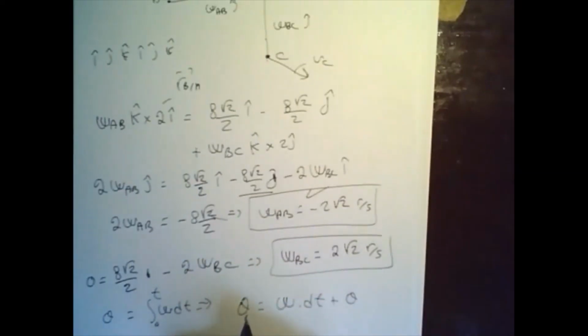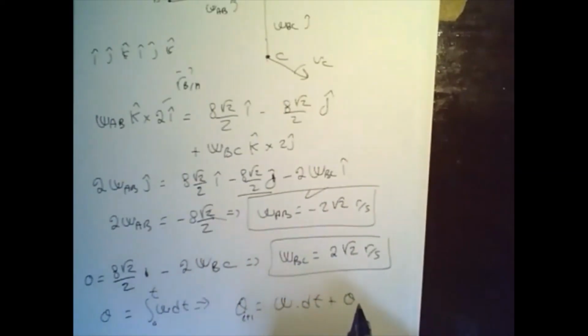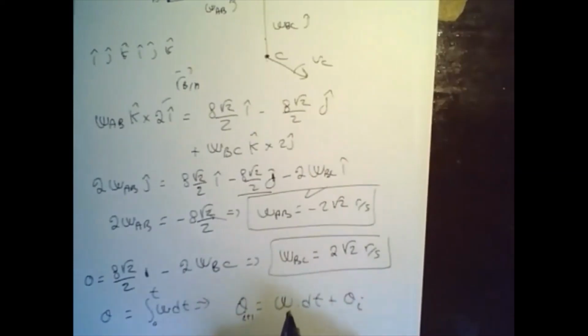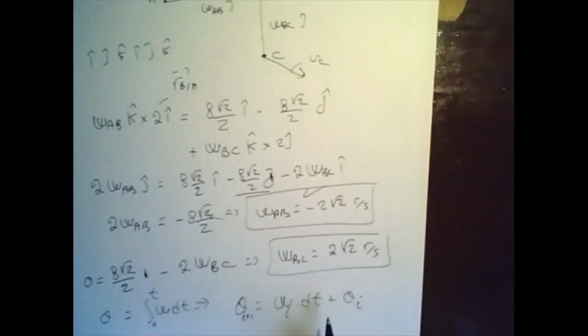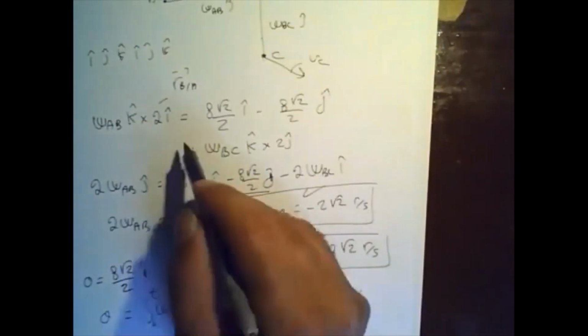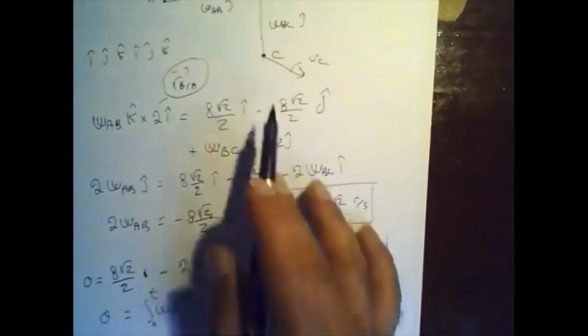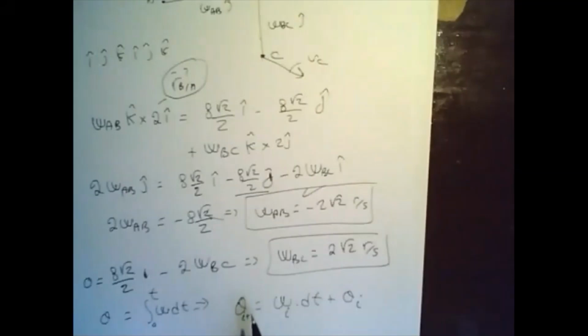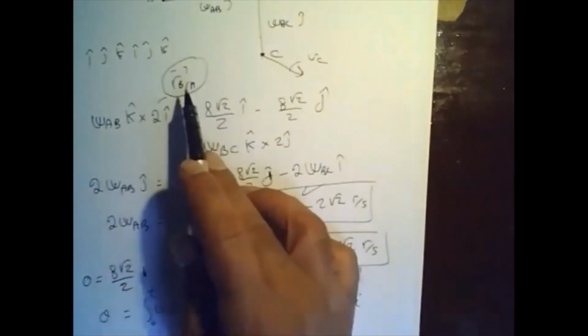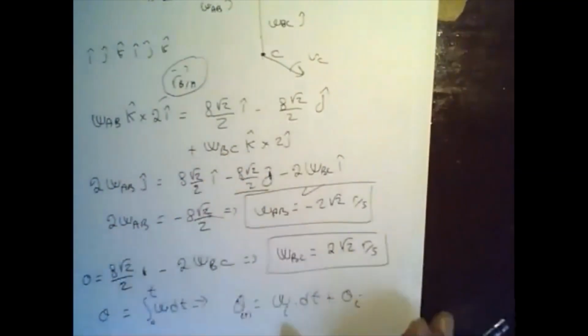So this is iteration i plus 1, and this is at iteration i. So you have this in a loop, and every time you multiply omega by dt, and you get your new angle. But once you get that new angle, you update this vector, where this vector is. And then from here, you find a new omega, you plug it here, you find a new theta, you come back, you find r. So you do that in a loop. Does that make sense?